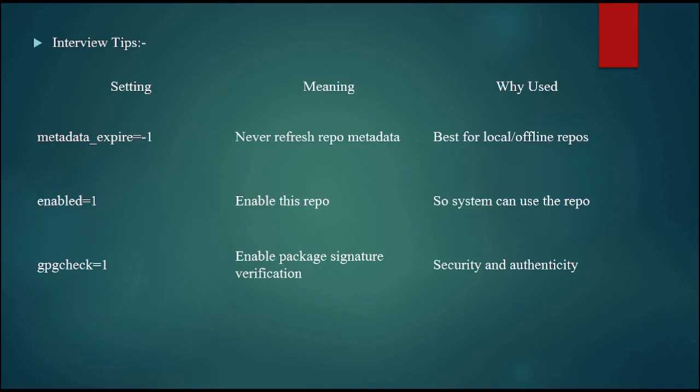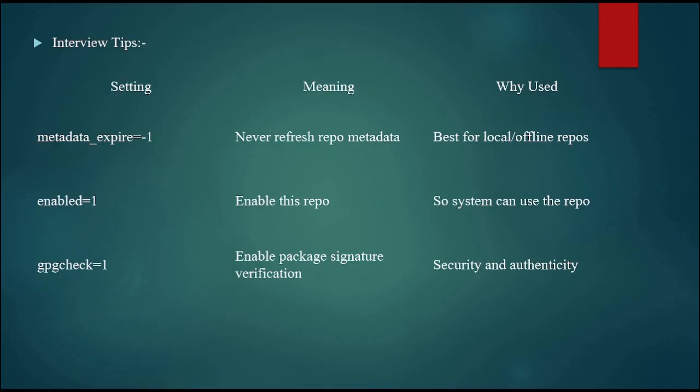Inside that file, we saw the parameters metadata_expire, enabled 1, and gpgcheck 1. So what is the meaning of those parameters? metadata_expire=-1 means never refresh repo data. It is best for local and offline repos.